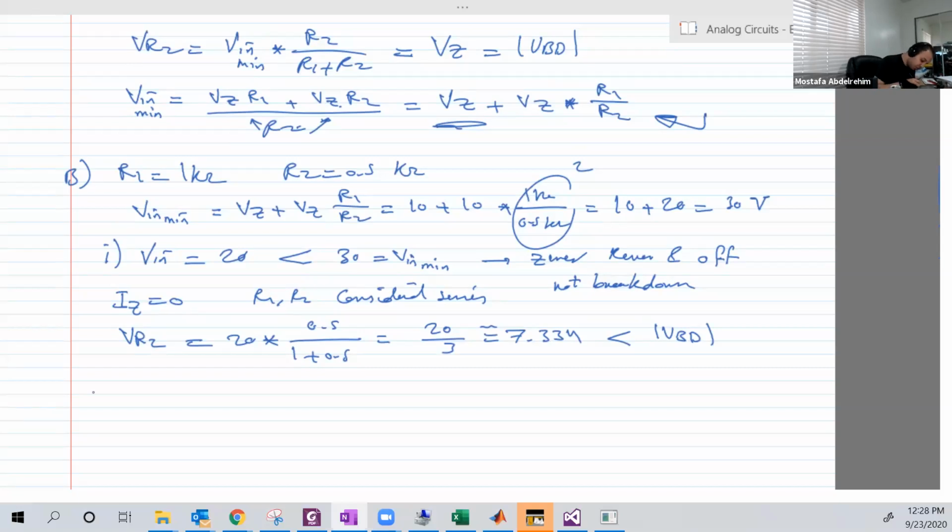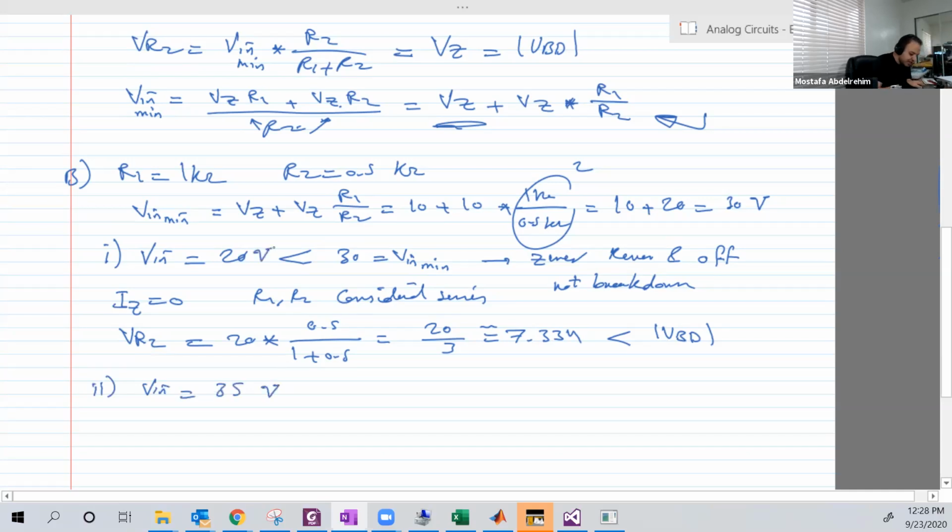Okay, number 2. Vin equal to 35 volts. That's greater than V input minimum. So definitely the zener is in breakdown.